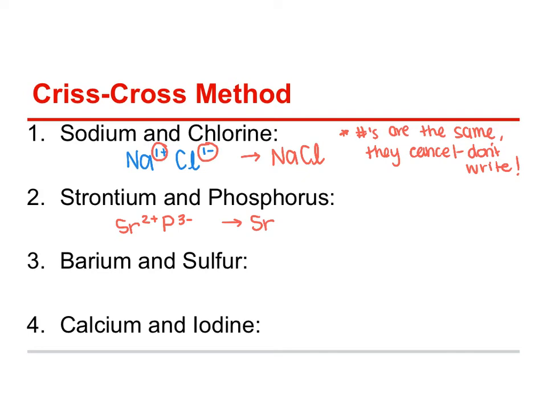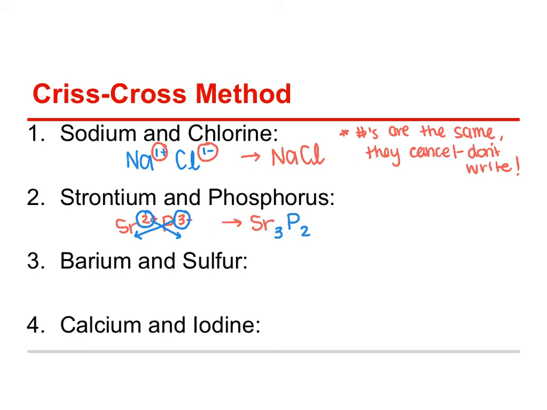So my strontium, the 3 is going to come down. Notice I write it down below as a subscript, and I drop the charge. And then my P is going to get a 2. So that means I have 3 strontium and 2 phosphorus. Okay, let's look at another one.